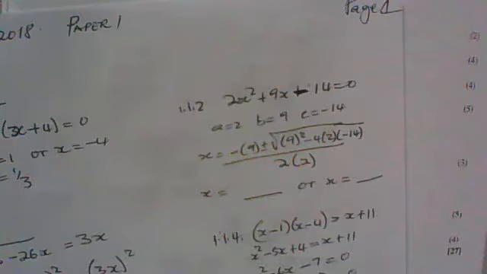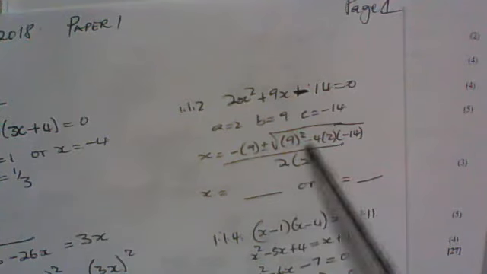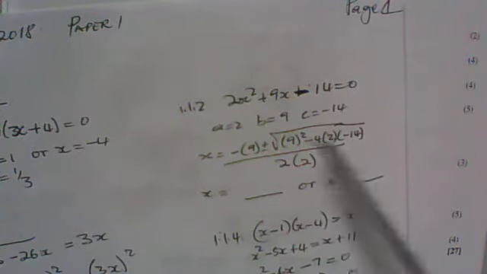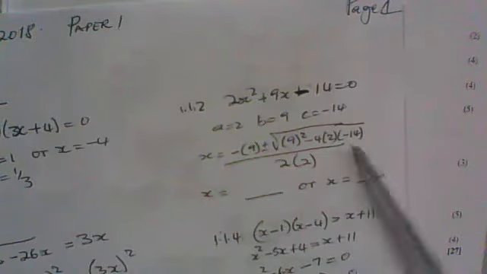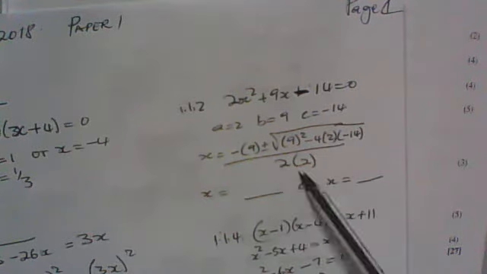Now, according to the quadratic formula, x is equal to minus b plus or minus the square root of delta all over 2a. Then you just substitute. Your b is 9, then it's 9 squared minus 4 into a, which is 2, into minus 14, which is c, then all over 2a, 2 into 2.